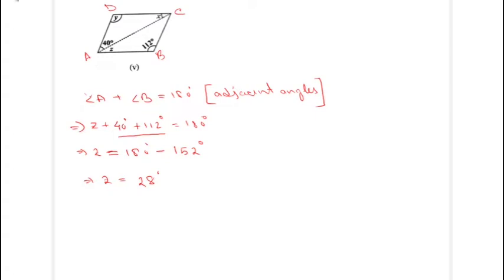Now angle z is equal to 28 degree. Now angle x and angle z are equal because they are alternate angles. x is equal to angle z because they are alternate angles.